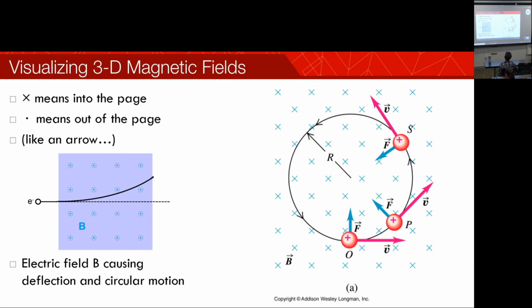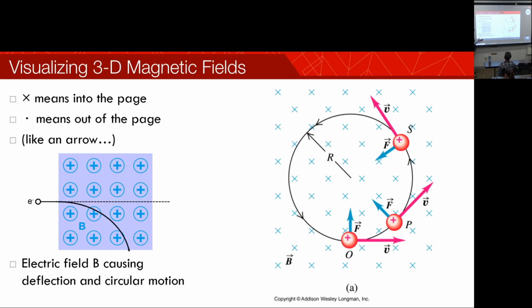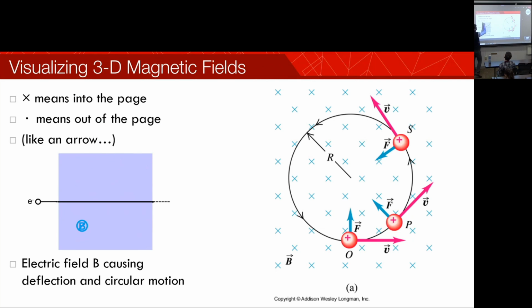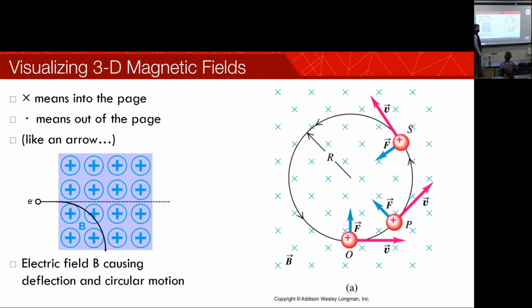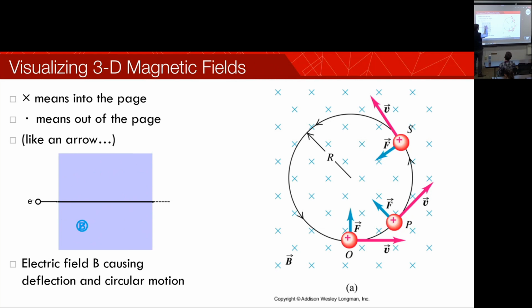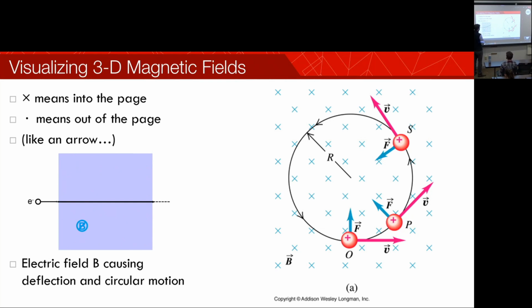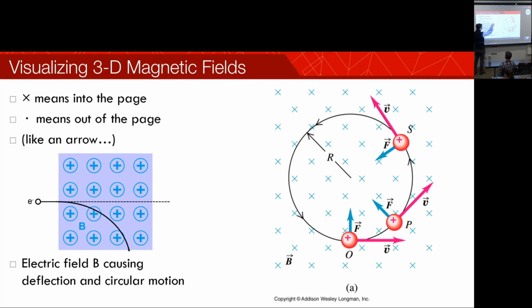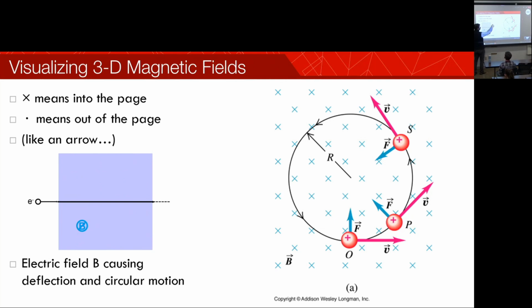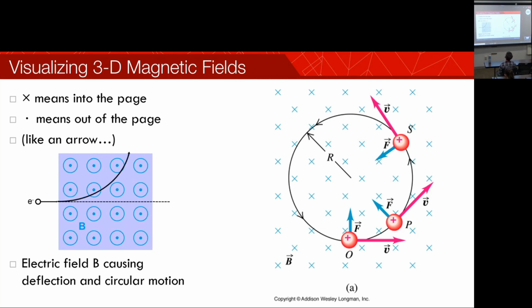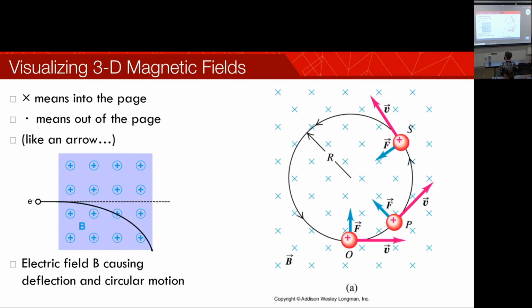So this is a cathode ray tube just shooting out electrons, and then we have a big coil this way that we create an electromagnet with, so we can force the magnetic field to go into or out of the board, which causes this electron beam to be forced up or forced down. And that's how they're able to scan these electrons across the screen to create a picture. Pretty cool, right?